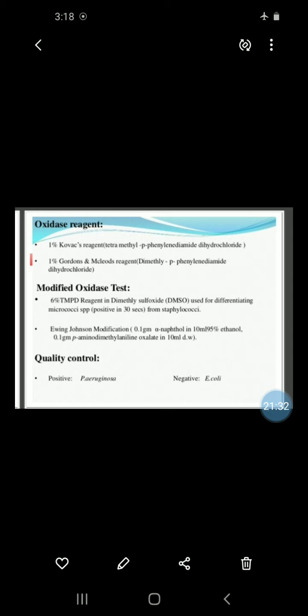Then the modified oxidase test contains 6% TMPD reagent in dimethyl sulfoxide, and it is used for differentiating Micrococcus species from Staphylococcus species.